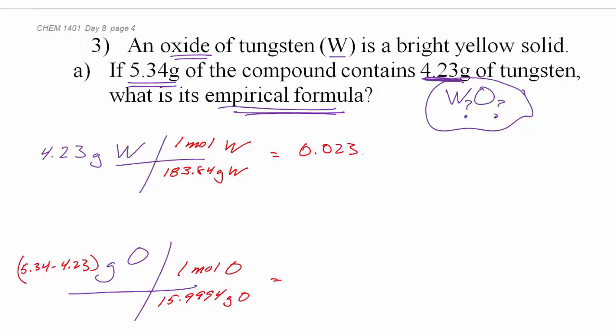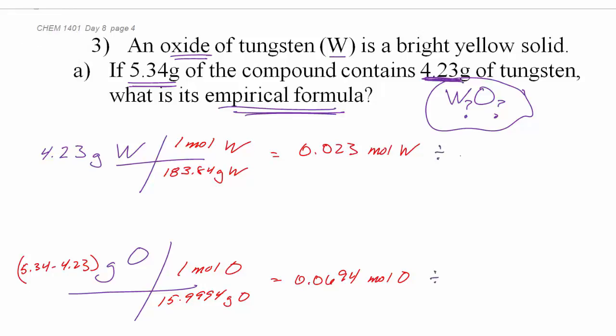And 5.34 minus 4.23, divide my answer by 15.9994. The next step is divide through by the smallest.